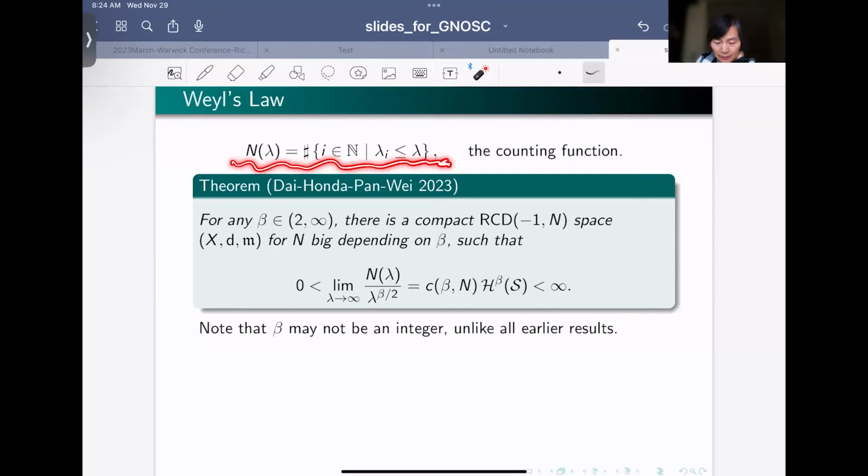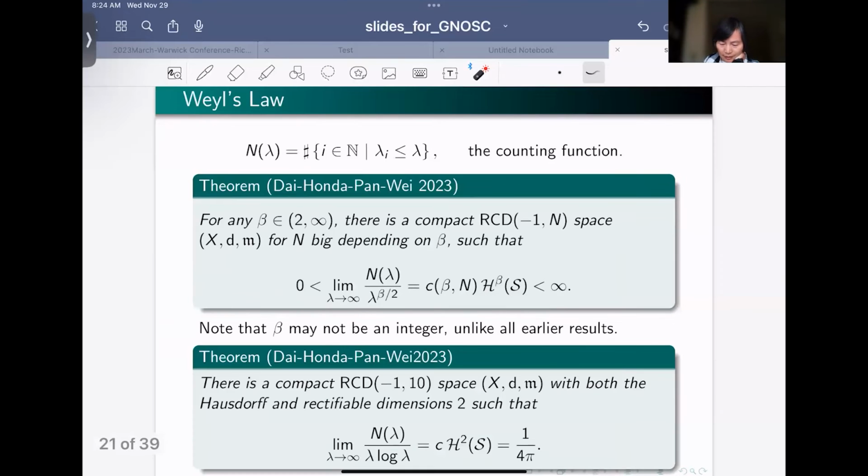So Weyl law looks at the asymptotics as lambda goes to infinity. In earlier results for manifolds, this beta is always an integer. From this example, it could happen that beta is any number, and Weyl law captures the dimension from the singular dimension. This is very different from earlier results, and this is the first example with this feature. So beta could be, as we said, any number.